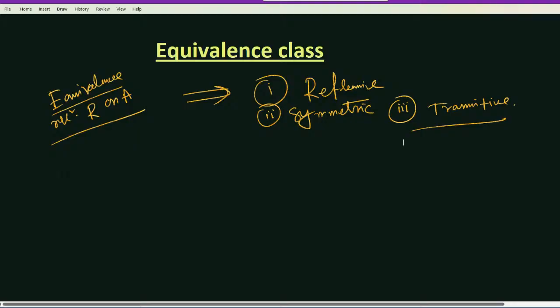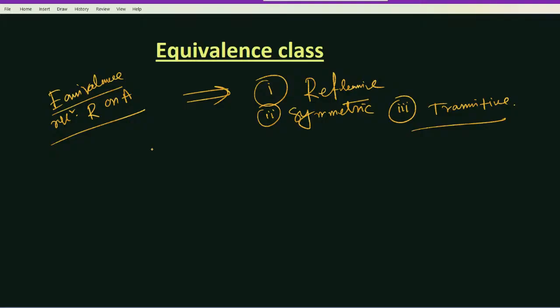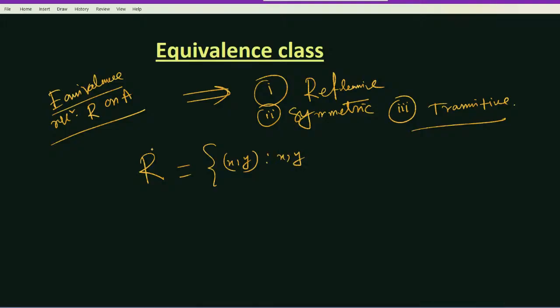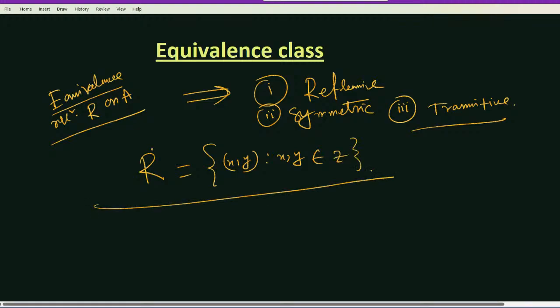Now, if we define an equivalence relation on the set of all integers as follows: R equal to the set of x, y, where x, y belongs to Z. Z means set of integers.